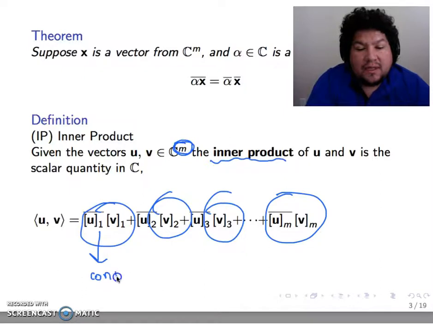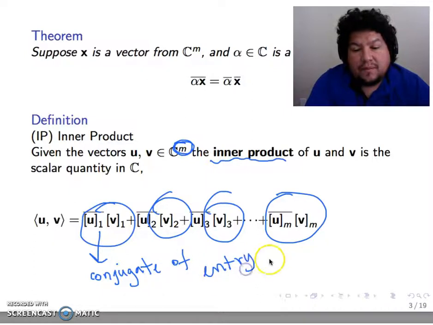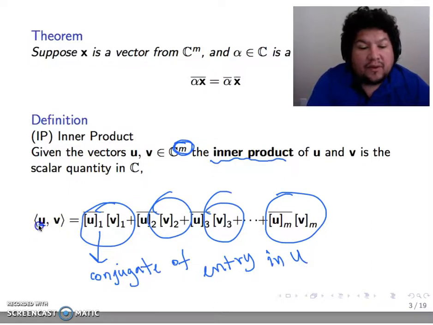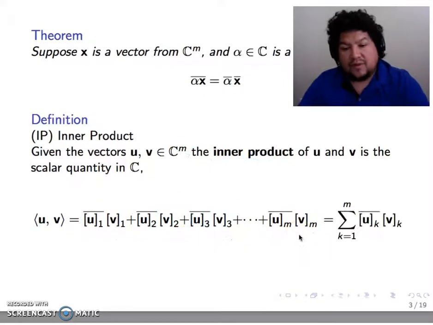This involves the conjugate of the entry in the vector u, being the vector that appears first here as an argument, and also involves the entry, not the conjugate, but just simply the entry of the vector that appears second in the argument. That's what's happening in every single term of the summation.